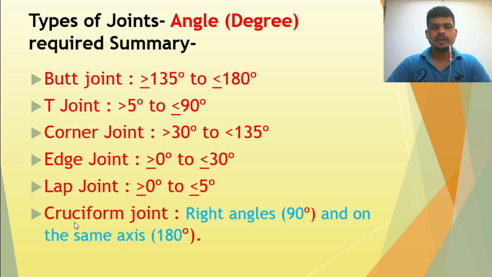Another one is the cruciform joint, which I already told you. The right angle should be maintained at 90 degree and on the same axis, which should be 180 degree. So we can say from this lecture that the angle degree is the most variable component for types of joints. If this degree changes, the type of joint configuration will change.